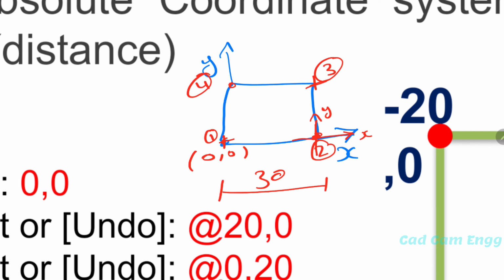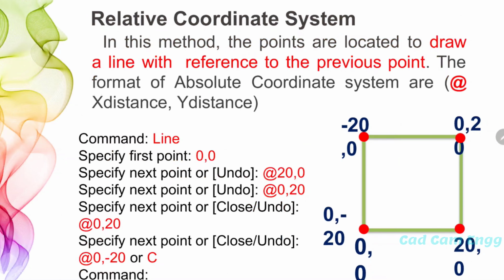You want to mark this point. That time the third point, the previous point, is my coordinate system, this is my 0 point. Again, if you want to mark the first point, the fourth point is the reference point. Like this, it keeps changing continuously. That's why we call the previous point the reference point.